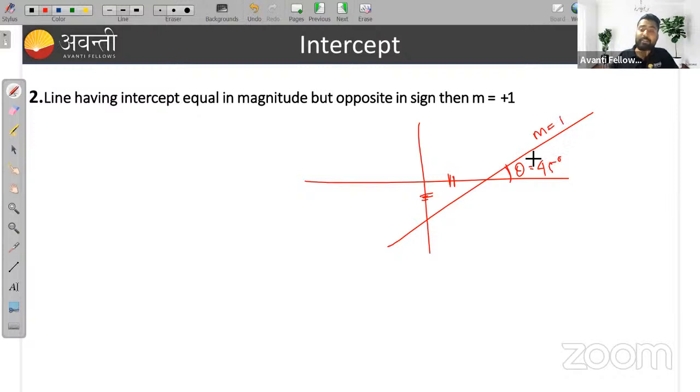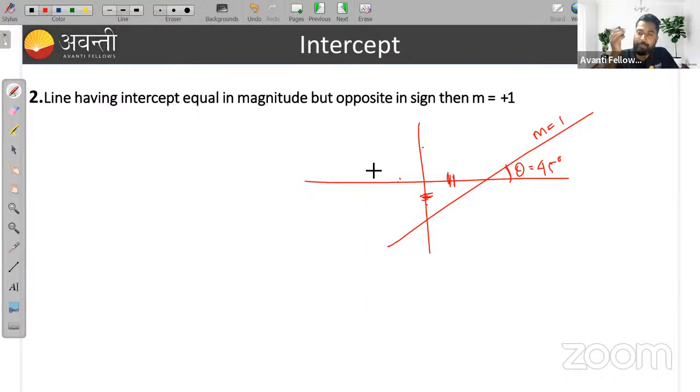And in which case will it be -1? How will it be -1? In this case, we can draw intercepts equal in magnitude but opposite in sign. This is my plus, this is my minus. Opposite, equal in magnitude, opposite in sign. That is, this is the case of my +1.